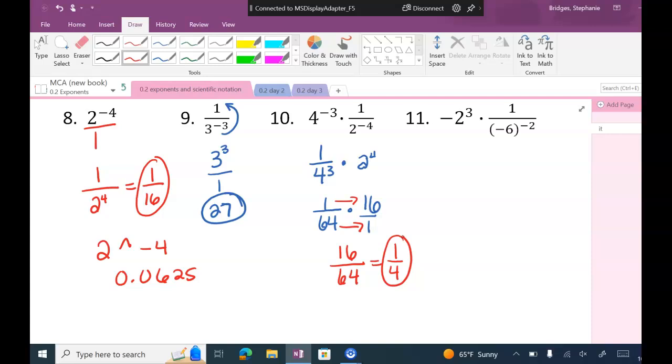If you're doing negative 2 to the third power in the calculator, you do not put parentheses because it does not have parentheses with it. But if I do negative 2 to the third power, what does that give me? Negative 8.